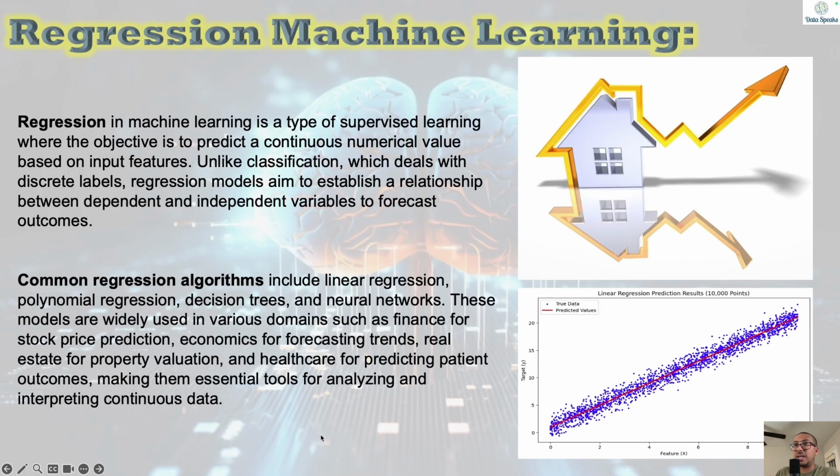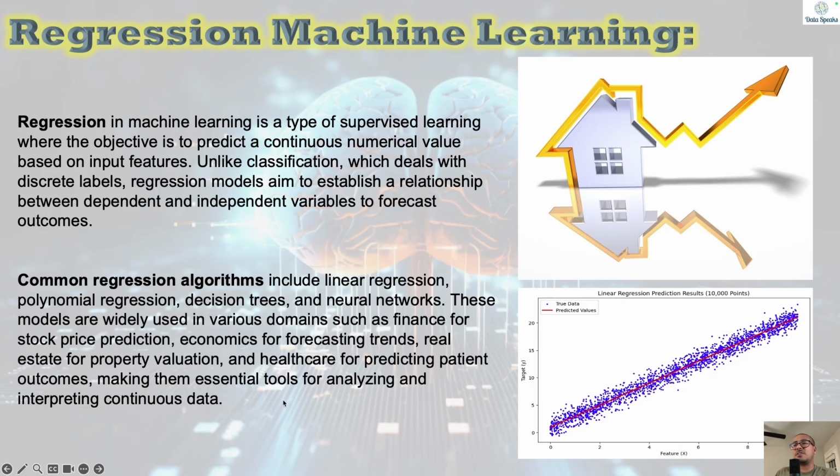So please do not forget to check out those. Regression machine learning has a wide variety of applications in different industries, from finance to economics, real estate, healthcare, automotive, and so on and so forth.